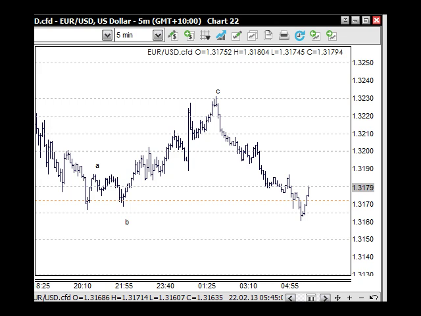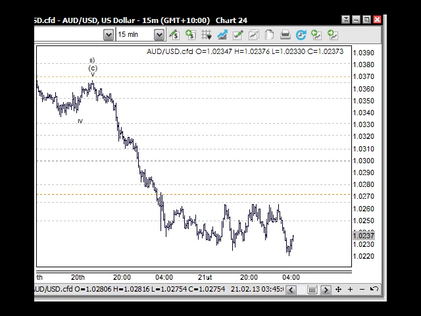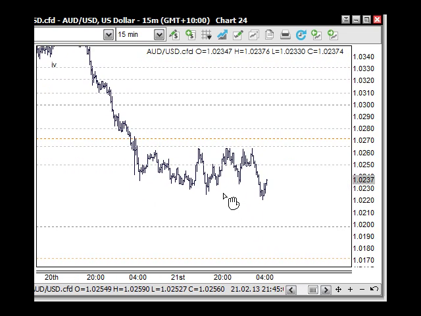Right, the Australian dollar as well is going to be following the S&P 500. I thought it might push down to the 102 first, but just be mindful of this. This is obviously a correction through here, and the longer term trend is to the downside on this particular market.